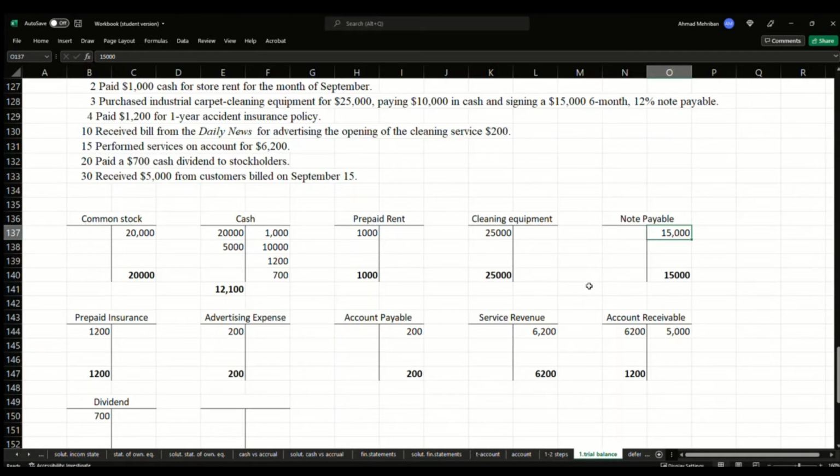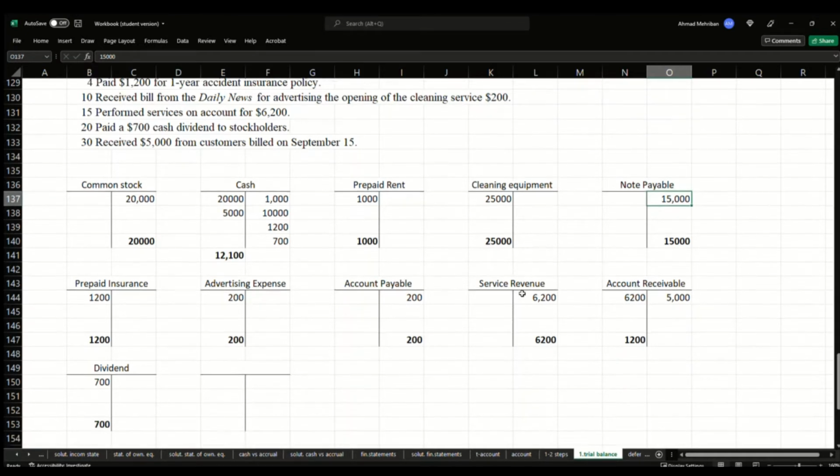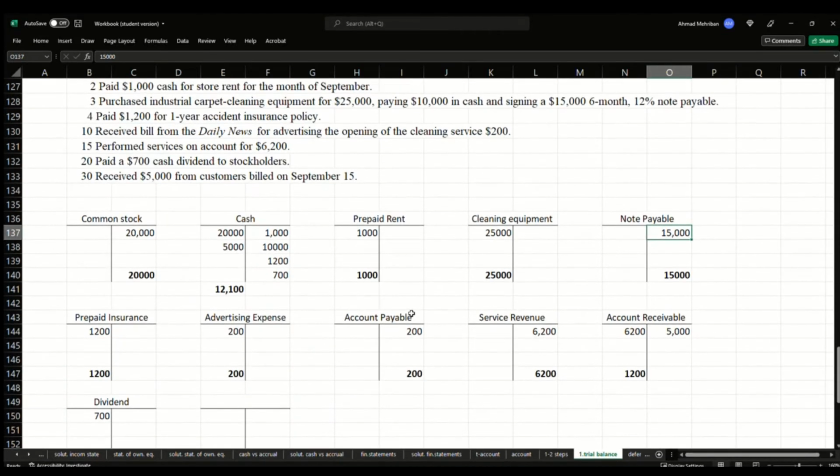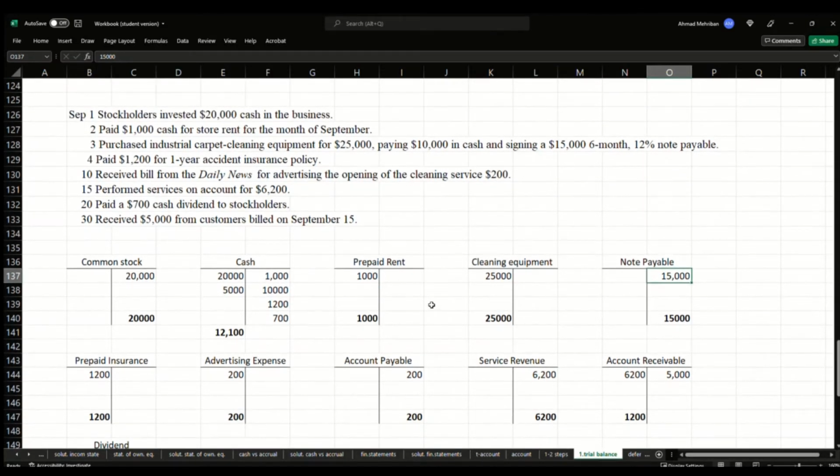We will address that as well. So these are all adjusting entries that need to be analyzed and studied. We will start with the two types of adjusting entries. We call them deferral and accrual, and next we will talk about those.